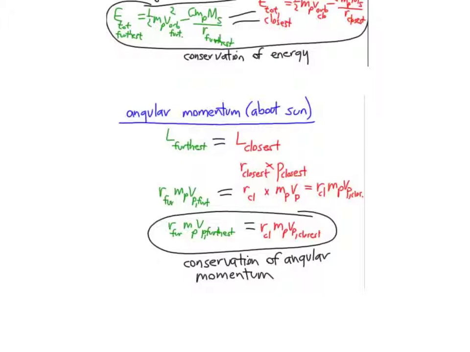So usually in these instances, we are able to equate the angular momentum at the furthest distance away from the planet to the angular momentum at the closest distance.